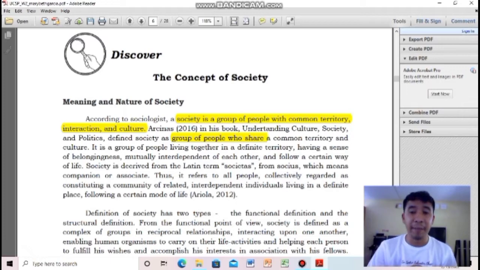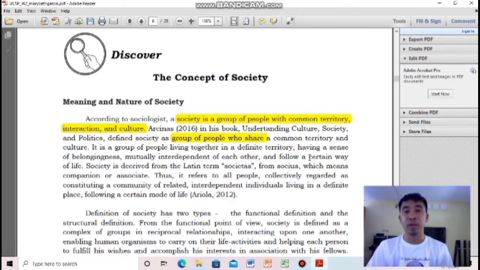Busa lingon, hindi pwede matawag nga society kung solo lang ang tao sa isa ka teritoryo, kag isa ka kultura. It's because bakit ang society, group of people who share. It is a group of people living together in a definite territory, having a sense of belongingness, mutually independent of each other, and follow a certain way of life.